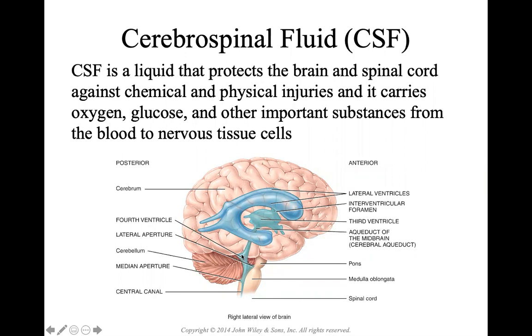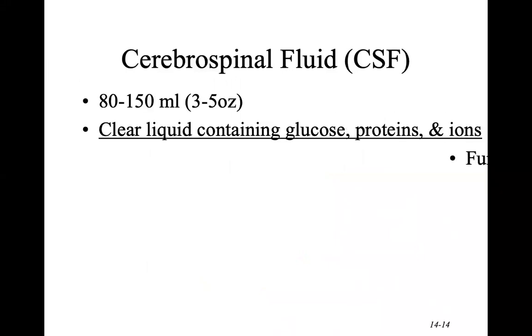After the CSF is in the fourth ventricle, it can exit via the median aperture or the lateral aperture. And now we have CSF flowing up and around the brain and all throughout the spinal cord.